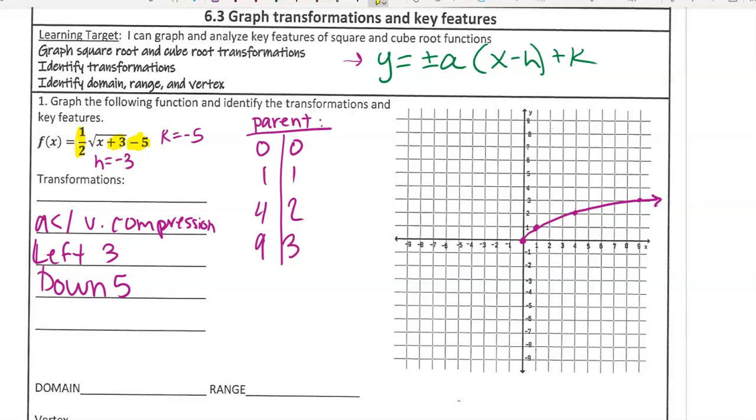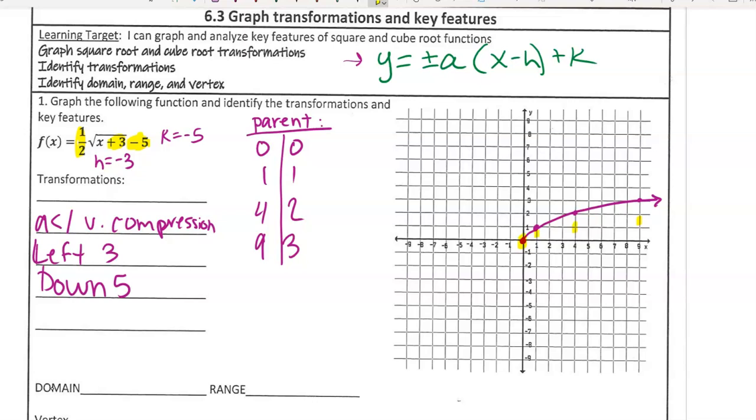So we have a vertical compression by 1/2, so we're taking all of the y values that are already on the graph and multiplying them by 1/2. So 0 times 1/2 is 0. 1 times 1/2 is 1/2. 2 times 1/2 is 1, and 3 times 1/2 is 1.5.